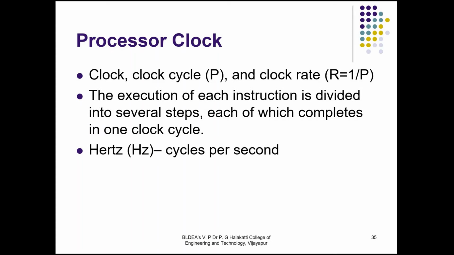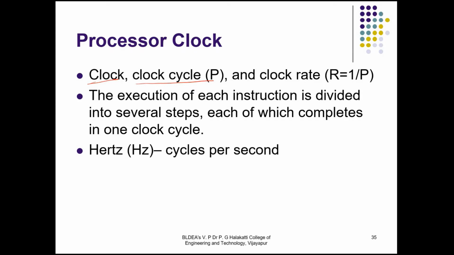Now let's see the processor clock. Processor circuits are controlled by a timing signal called a clock. The clock defines regular time intervals called clock cycles, which I denote by P. To execute a machine instruction, the processor divides the actions to be performed into a sequence of basic steps, such that each step can be completed in one clock cycle.